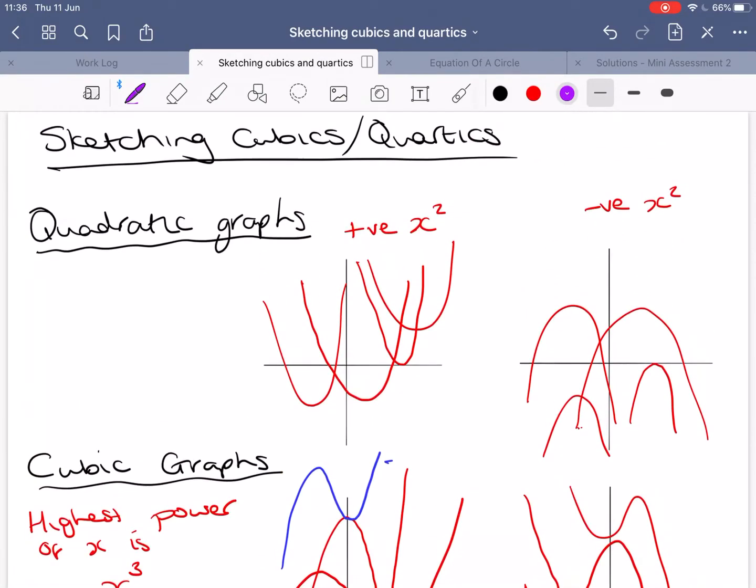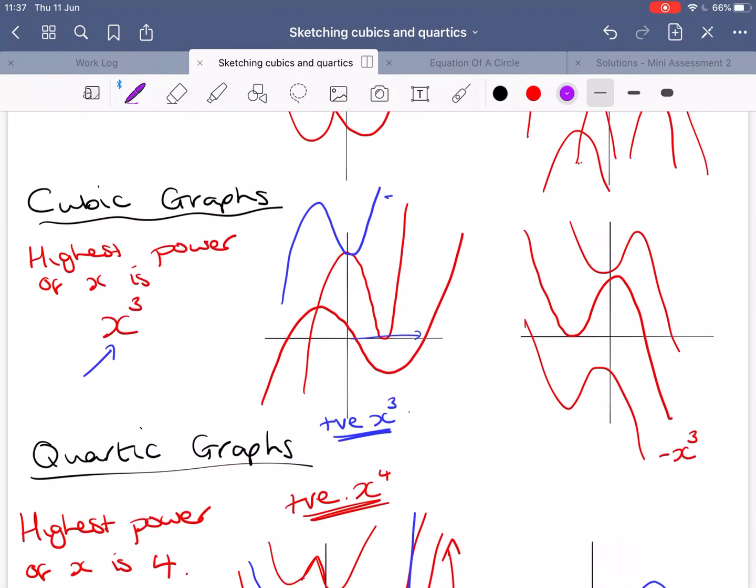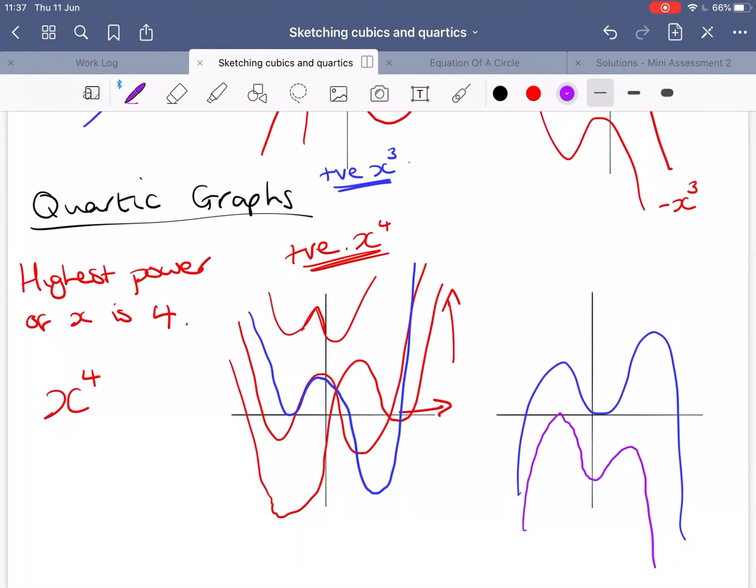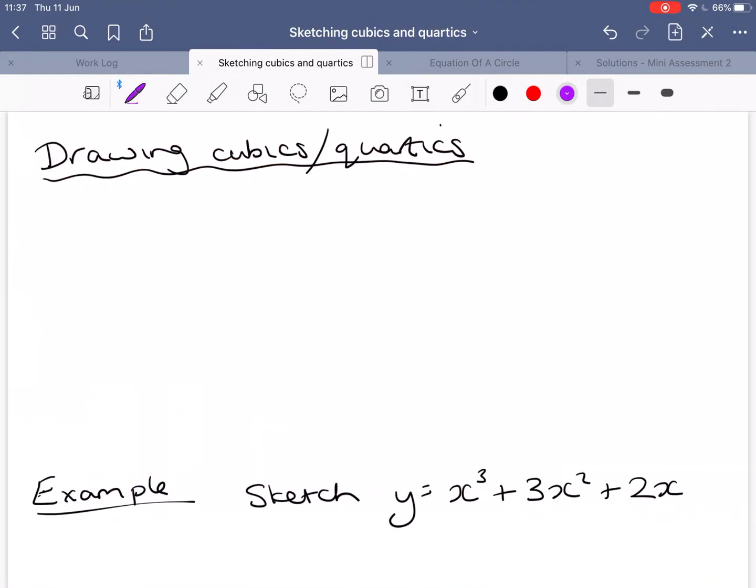So you've got your quadratics, your cubics, and your quartics. When you're drawing a graph, you have to make a few decisions to be able to sketch these graphs properly. The first one is you have to decide what type of graph it is. Is it an x squared, an x cubed, or an x to the power 4?